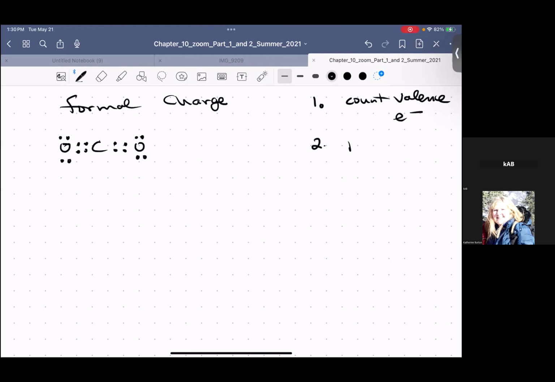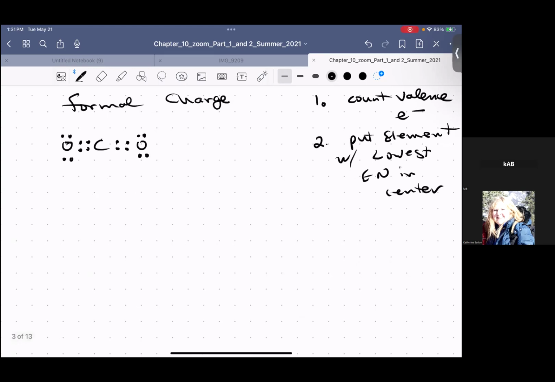Remember, we're going to put the element with the lowest electronegativity in the center. And remember, the highest electronegativity is fluorine, and it decreases as we go to the left and down. So carbon is going to have a lower electronegativity than oxygen, oxygen being closer to fluorine. All right, we know that we need to obey the octet rule.